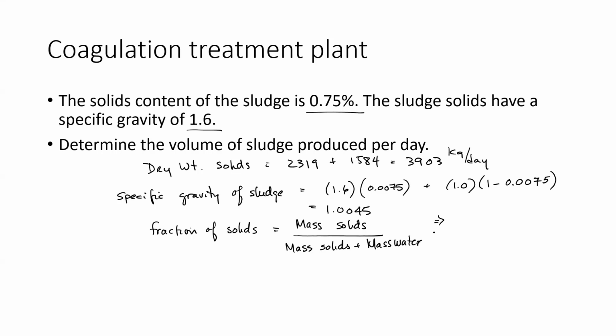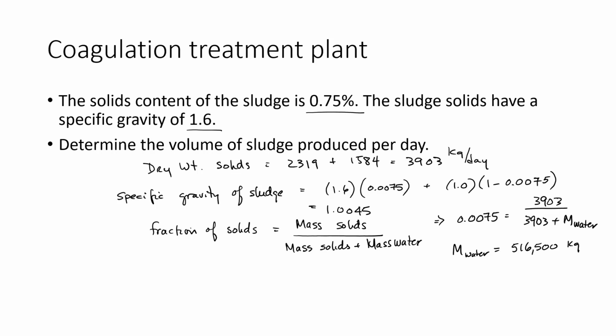So we've said that the fraction of solids is 0.0075, and that is equal to 3,900 divided by the total mass, which is just the mass of the solids plus the mass of the water. So if we solve this, we can calculate that the mass of the water is equal to 516,500 kilograms. Notice it's significant.